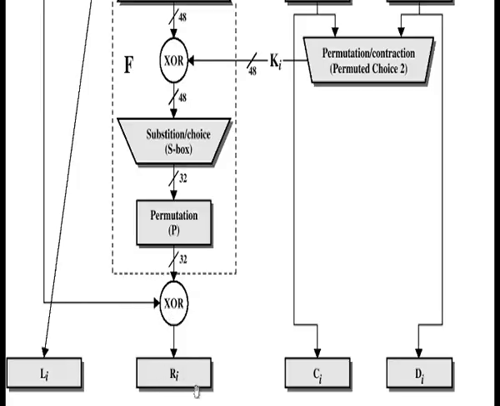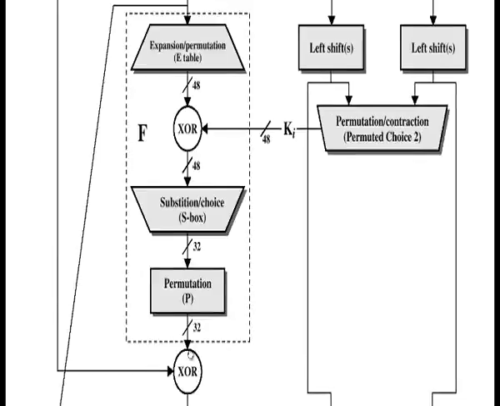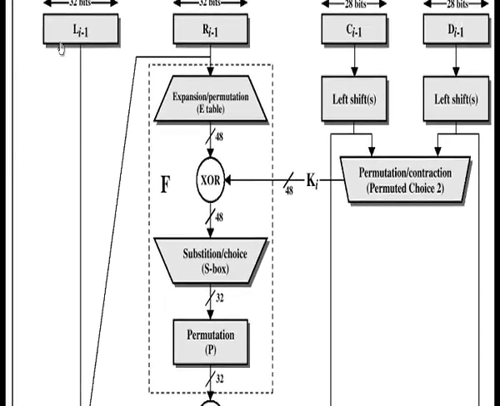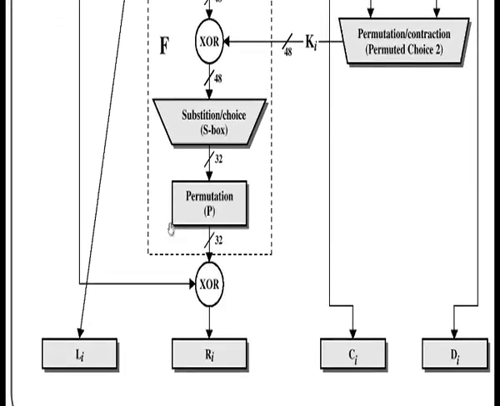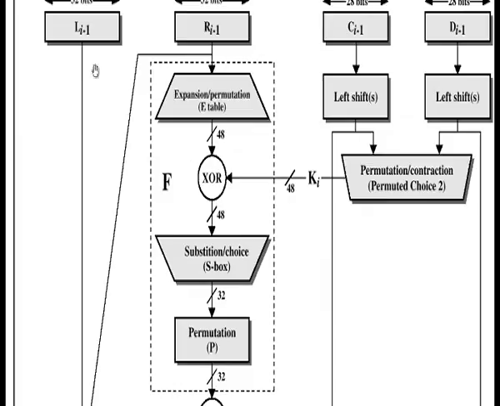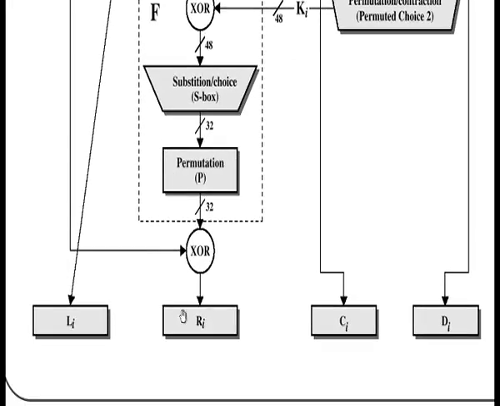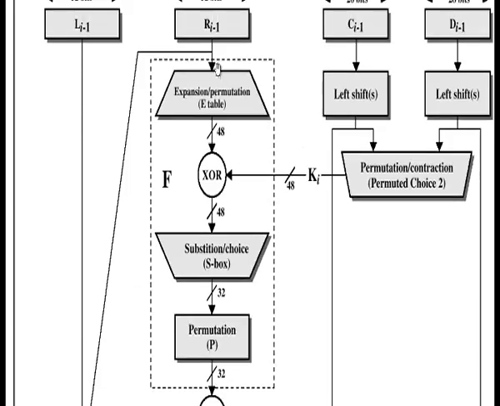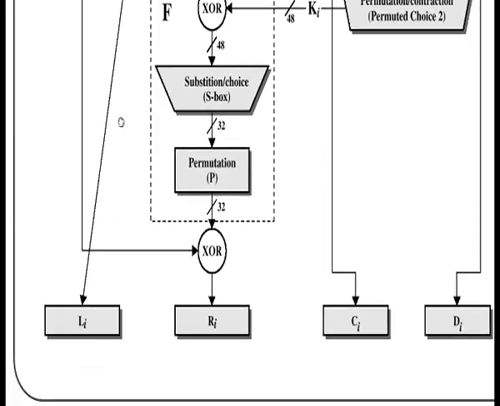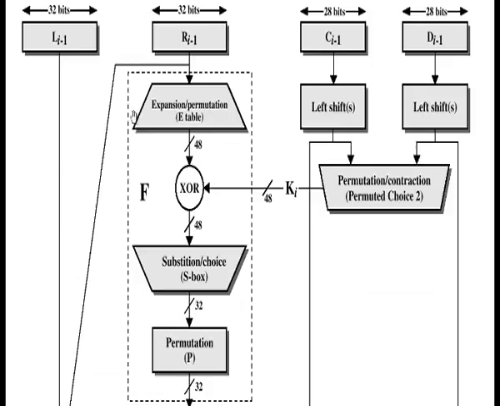That means only this 32 bit half undergoes the encryption operation in every round, whereas the R half is transferred as it is to the new L half.